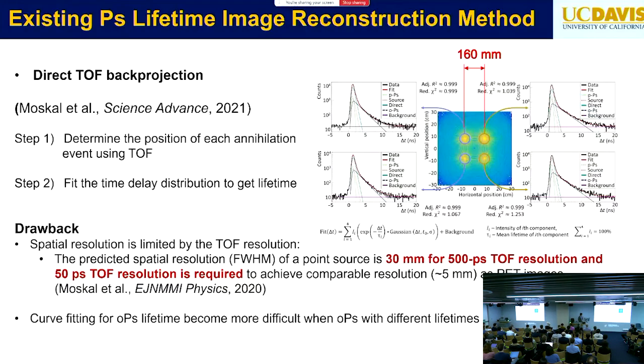The problem with this is the spatial resolution is limited by the time of flight resolution. Based on the simulation, if we consider a 3-dimensional backpropagation, you get 3 centimeter for 500 picoseconds timing resolution, and if you want to get 5 millimeter resolution, the estimate is that it requires 50 picoseconds timing resolution.